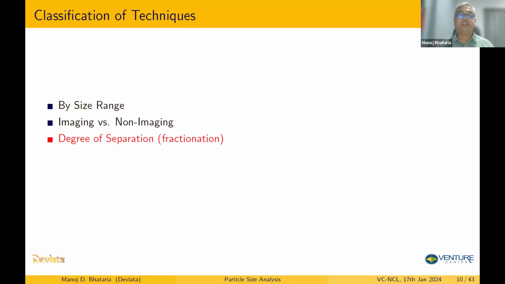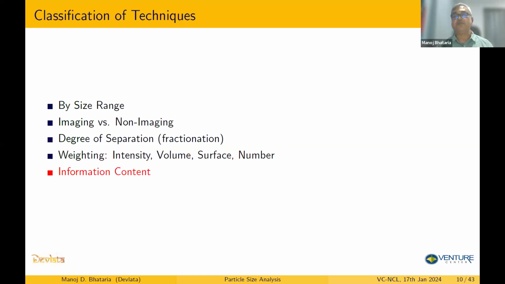Something is based on the degree of separation, that is fractionation. Or after doing all this measurement, whether it can give an intensity-based weighing, or a volume-based weighing, or a number-based weighing. So different kinds of weighing techniques also are there. Now, these are mathematical artifacts which are applied after the primary analysis is done. This is not the basic analysis directly, but the analysis done using maths.